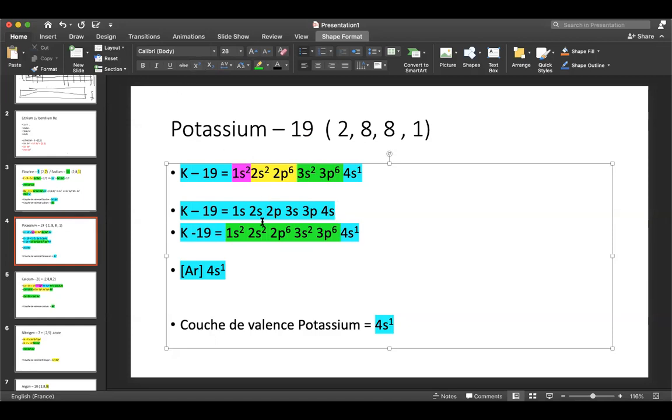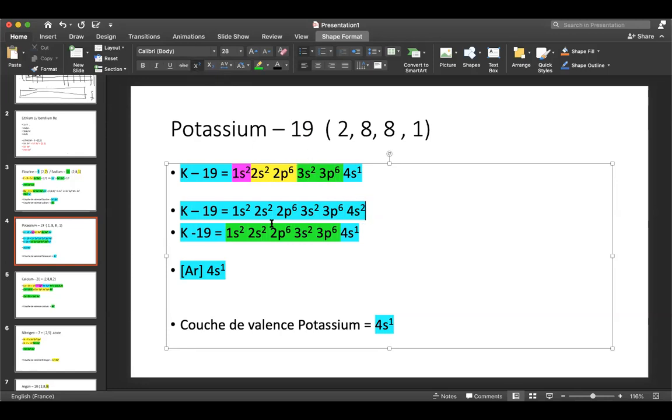The maximum number of electrons that the s orbital is supposed to occupy is 2. For the p orbital, it will be 6. And for the last one, the maximum is 2.